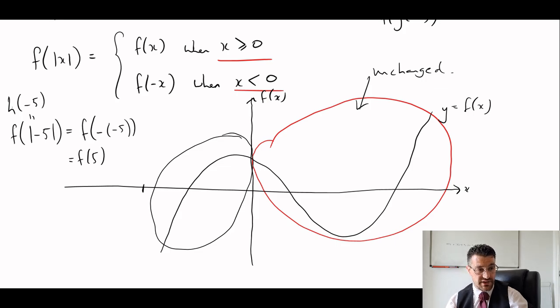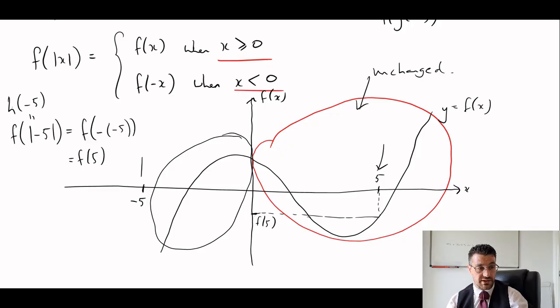So if we're here at minus 5, let's say, the function f of the modulus of x will evaluate as if I were over here at 5. Right? So even though I'm here at minus 5, the function evaluates as if I were here. So it will give me the value of f that is here, right? So this is f of 5 here.